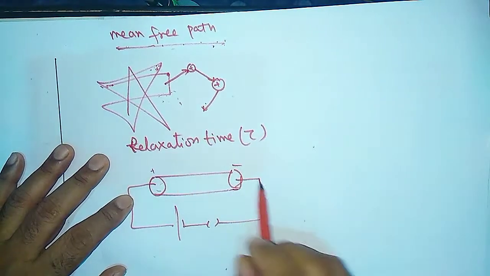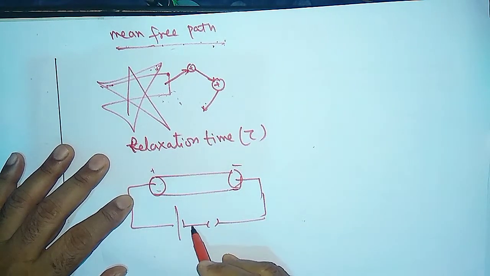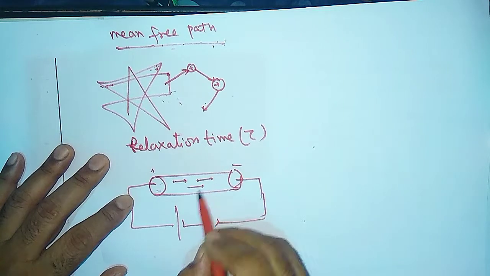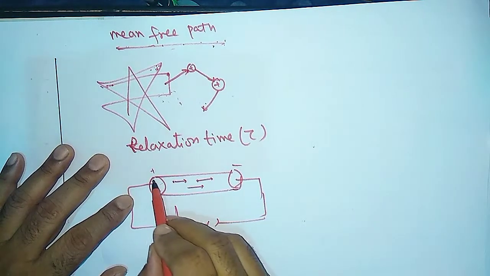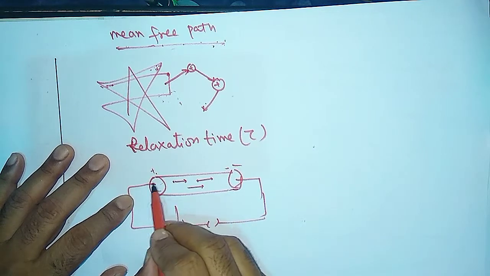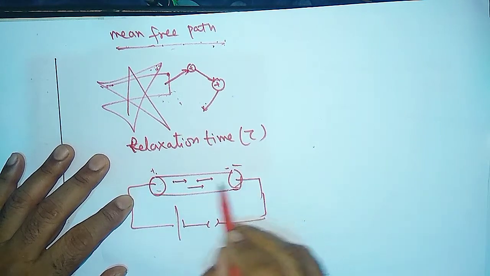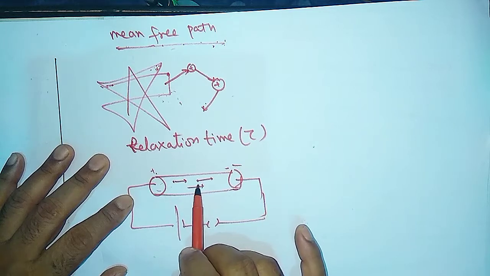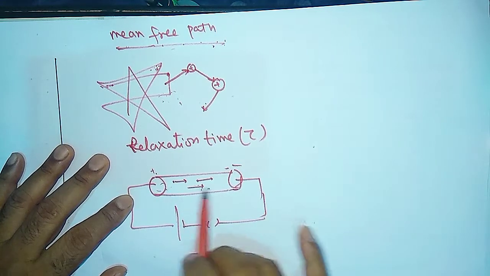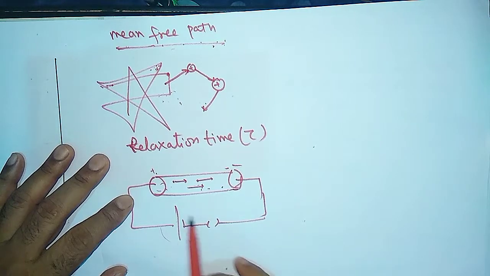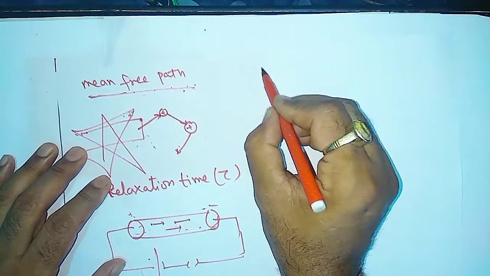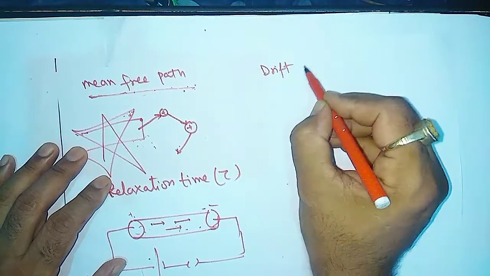So when the electric field is applied, all the electrons will align in a particular direction. Electrons will always move from negative to positive, and the current will start flowing from positive to negative. So all the free electrons will be aligned in a particular direction in the presence of the electric field, and this velocity is known as the drift velocity.